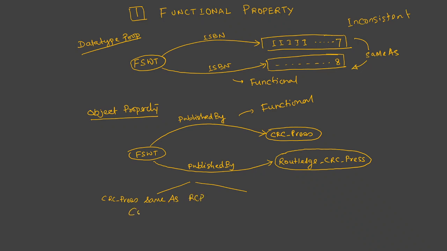In that case, your ontology is consistent, and as we are following an open world assumption, this will be automatically inferred to make your ontology consistent, right? But if you explicitly say that CRC Press is different from Routledge CRC Press, then you have an inconsistent ontology, right?